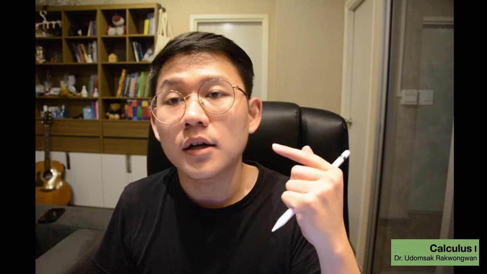The limit must exist, which means the left limit is the same as the right limit. And third, f(a) is the same as the limit as x approaches a. If the three conditions are satisfied, then f is continuous at a.